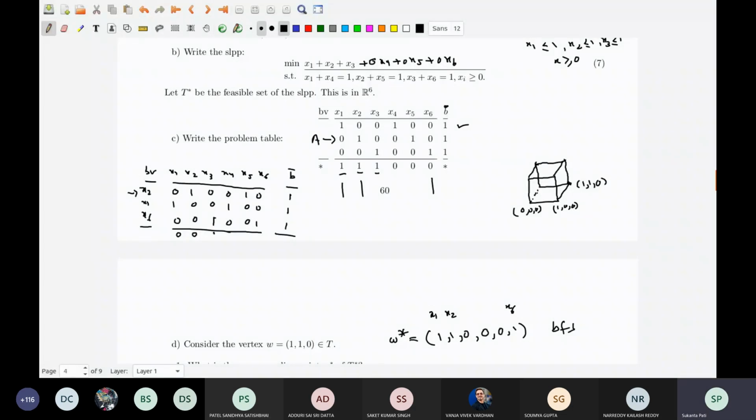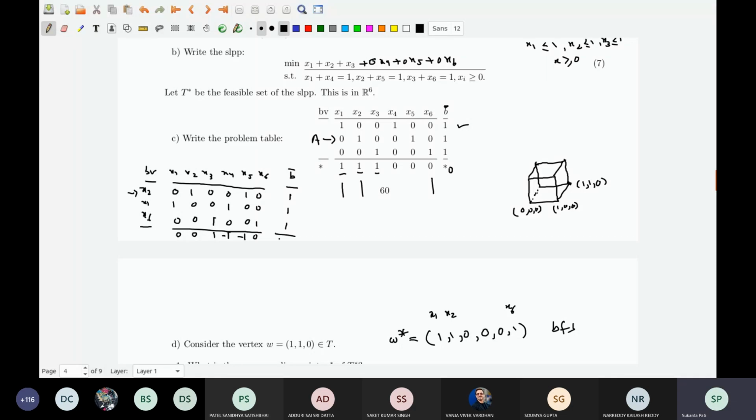Next entry was 0, but then a 1 is subtracted, so I will have -1. Next entry was 0, a 1 is subtracted, I will have -1. Next entry was 0 and a 0 was subtracted, I will have 0. And remember, while trying to convert to the simplex table, you should start with a 0 in the place of the star. So 0 minus 2, that will be a -2.